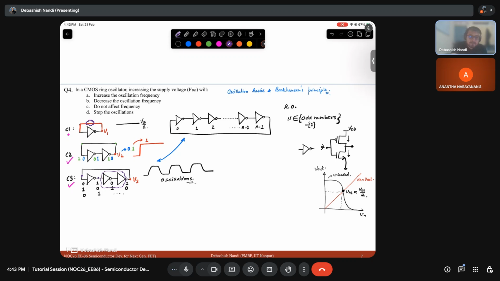I am not going into the in-depth analysis of this because this course does not allow me to do that. In my previous course, I analyzed this in detail: what is delay and how we take care of that. But just take it from me that there has to be delay in the feedback path for the oscillation to sustain.